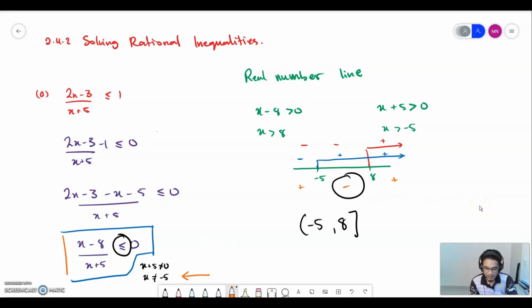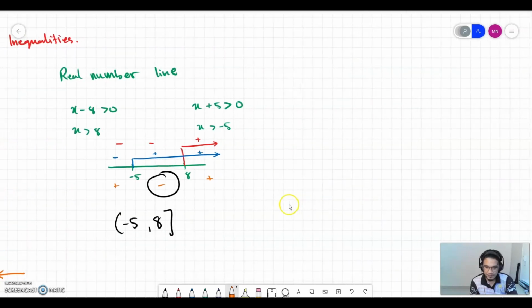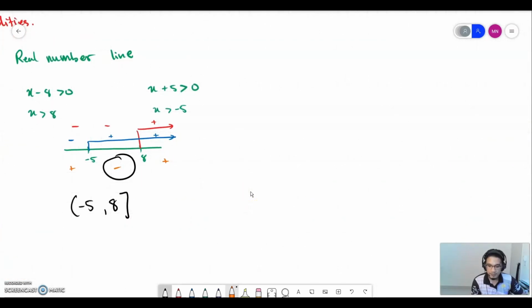Now let's look at another example for rational inequalities. We look at (x² - 2x + 1)/(x + 3) less than or equal to 0. We have a quadratic, so we factorize it.